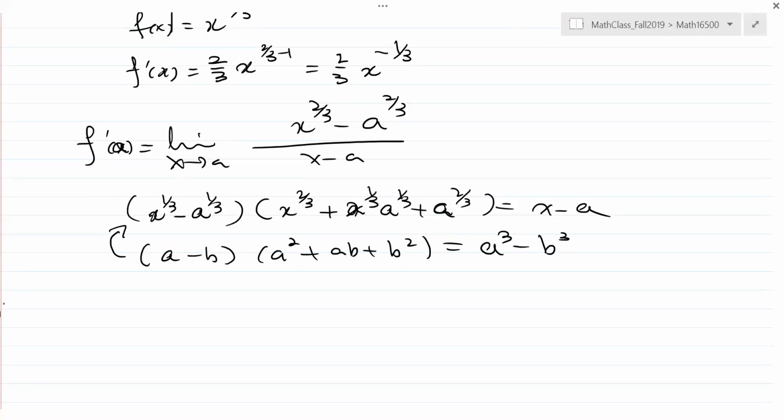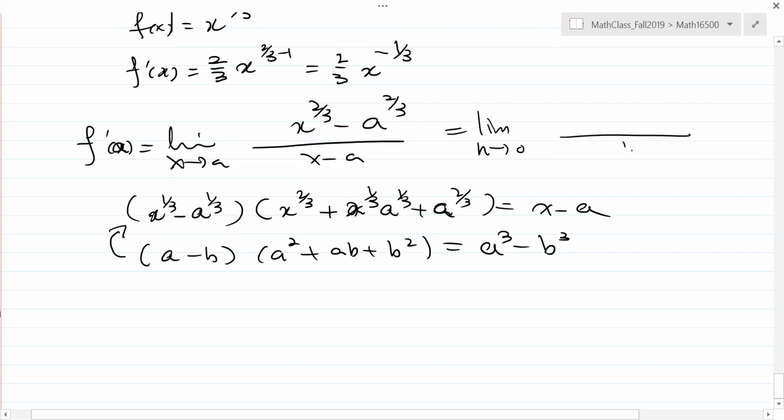Yes, do you have a question? So why did we not go down the route of doing x plus h minus...? Oh, well, it's the same, it is going to be a plus h to the 2/3 minus a to the 2/3.